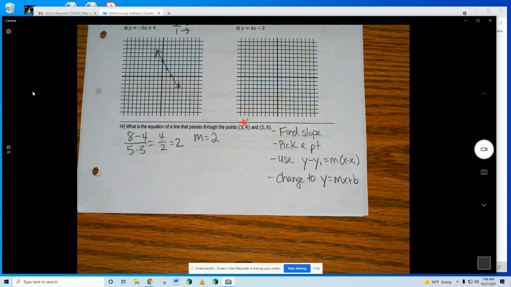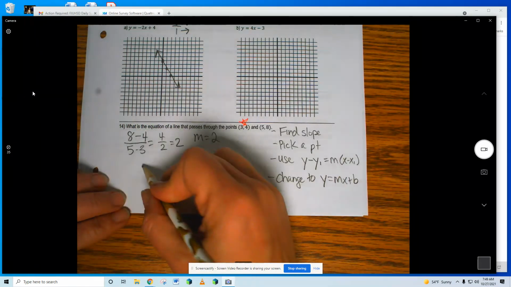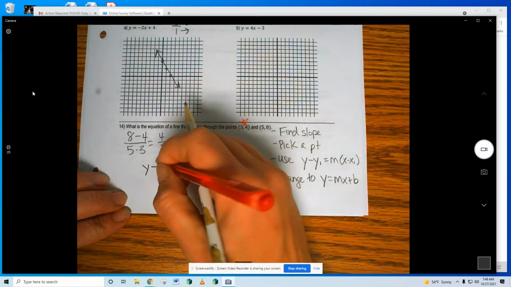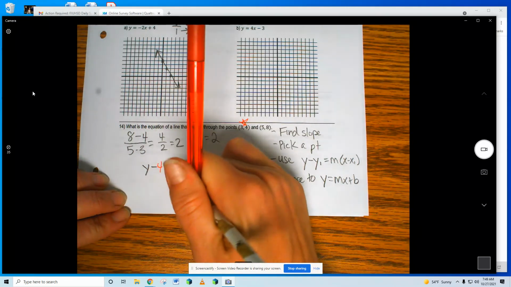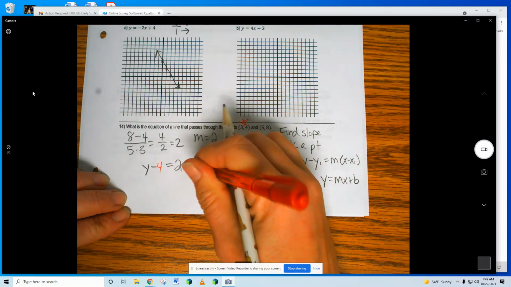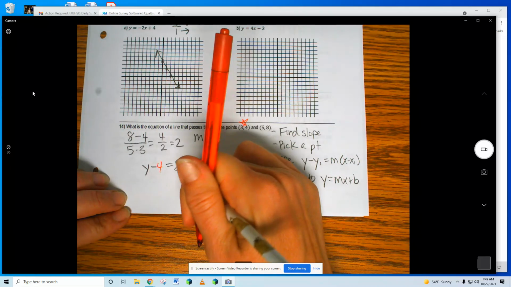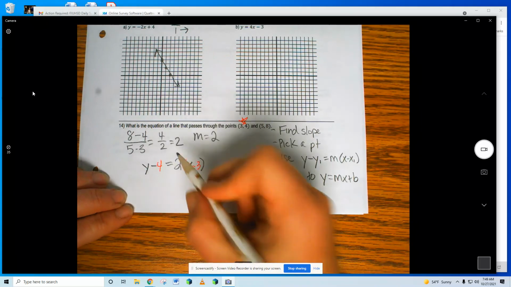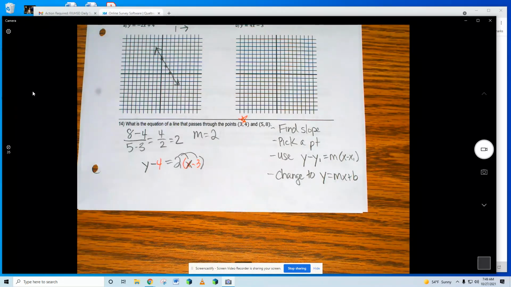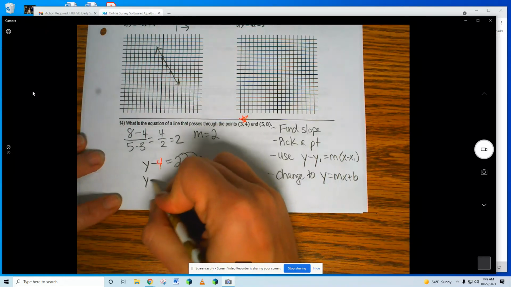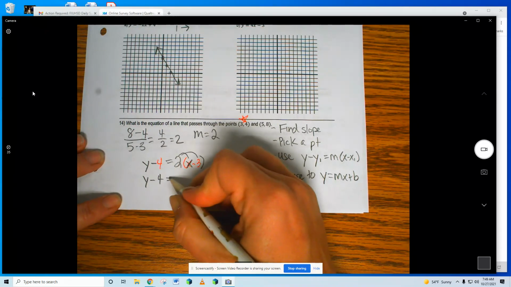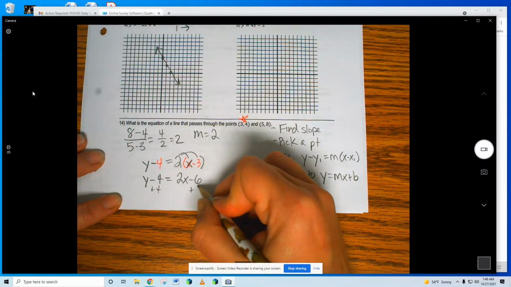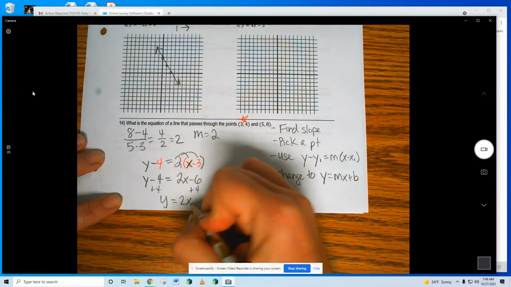So, point slope form. Y minus 4 equals 2 times x minus 3. Anyways. So now I change it to y equals mx plus b. Remember this? Y minus 4 equals 2x minus 6. Y equals 2x minus 2.